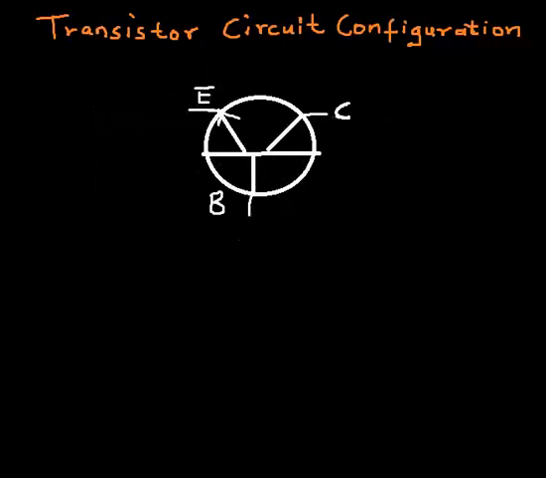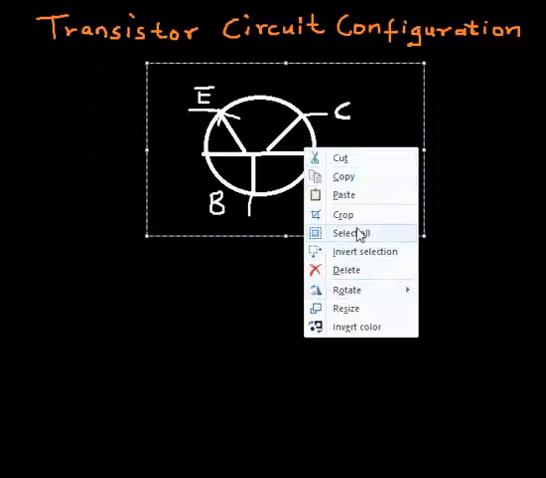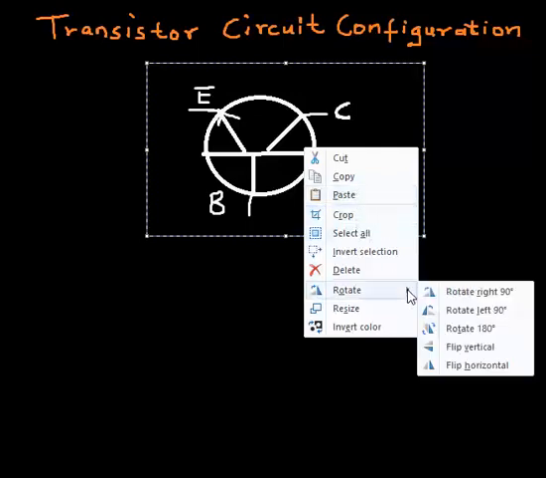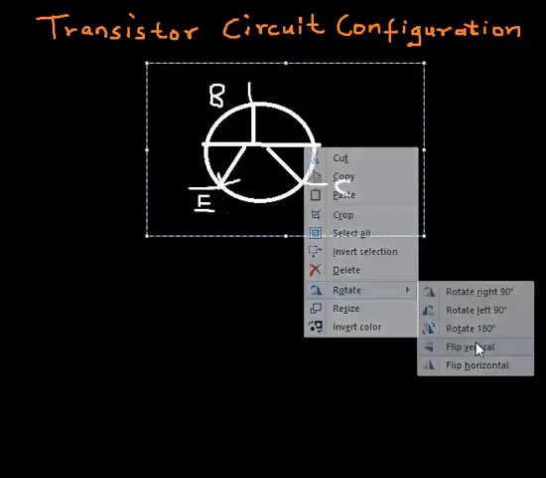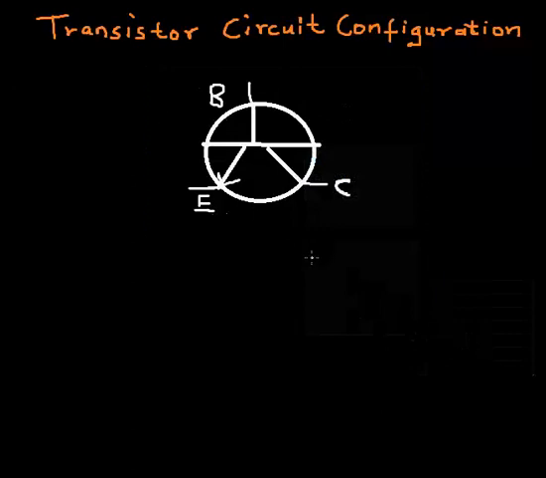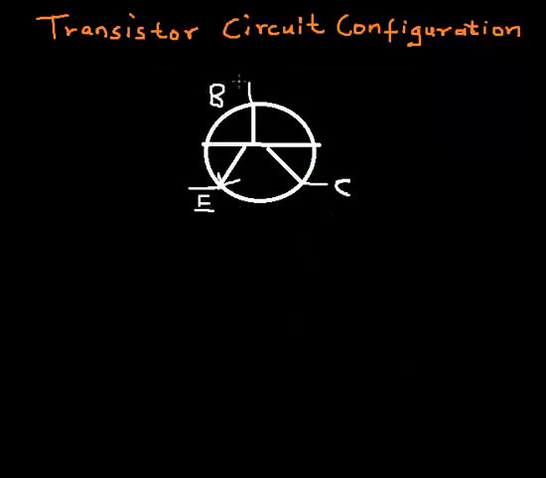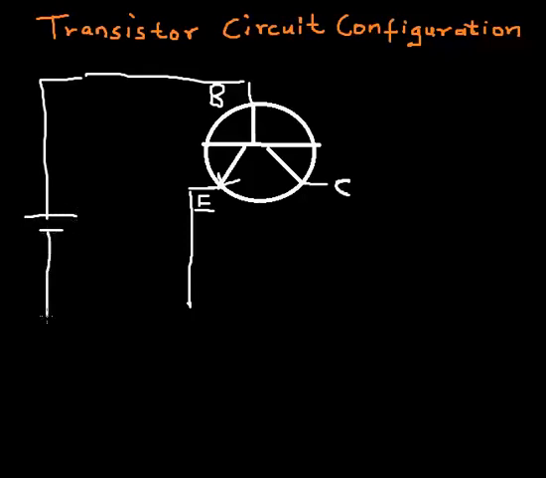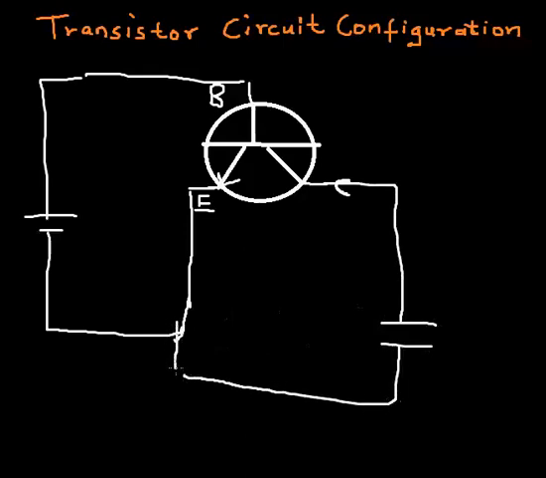I can still go the other way around, making the emitter common, connecting my input between the emitter and the base, and the output is connected between the collector and the emitter. So as you can see in this connection, the emitter is common.